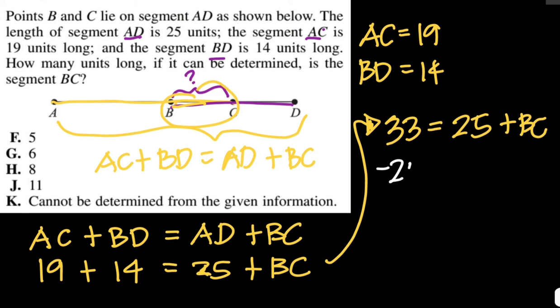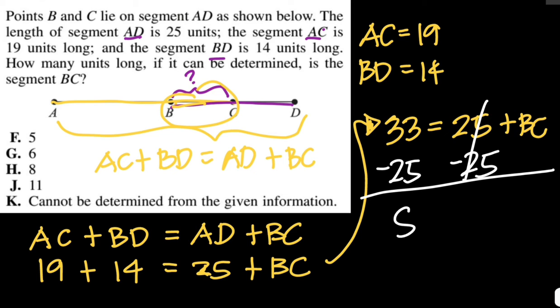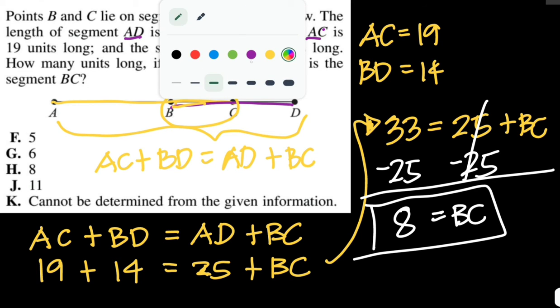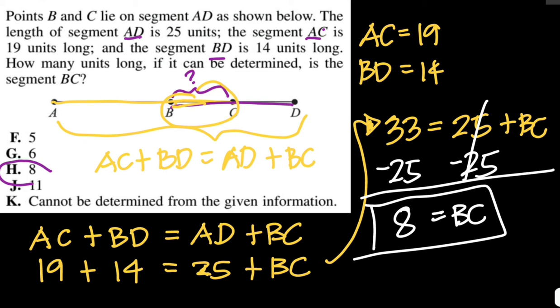Then we subtract 25 from both sides. This cancels out. Therefore, BC is just equal to 8. So segment BC is 8 units long. Therefore, the answer here is letter H.